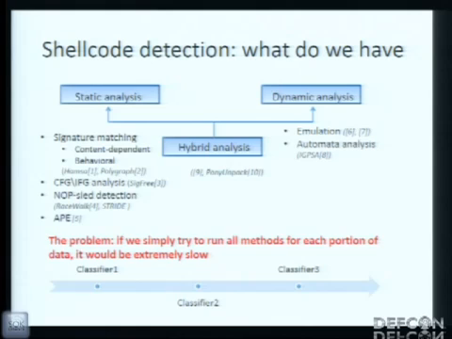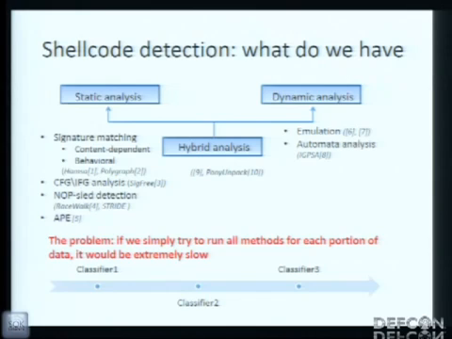So the most common techniques used by static analysis are listed here. It's signature matching, control flow graph analysis, instruction flow graph analysis, obsolete detection, and also methods of abstract execution. Dynamic analysis is presented by emulation and automata analysis techniques, and hybrid analysis methods could use all of those techniques.